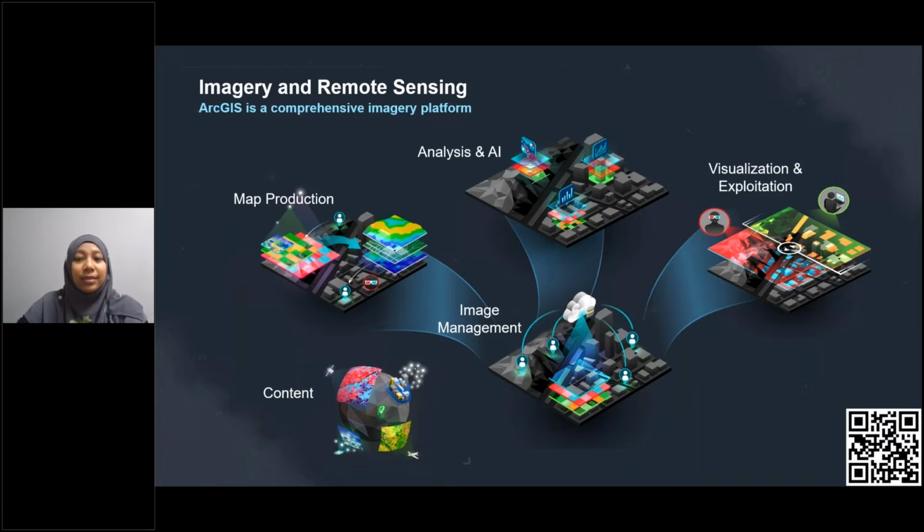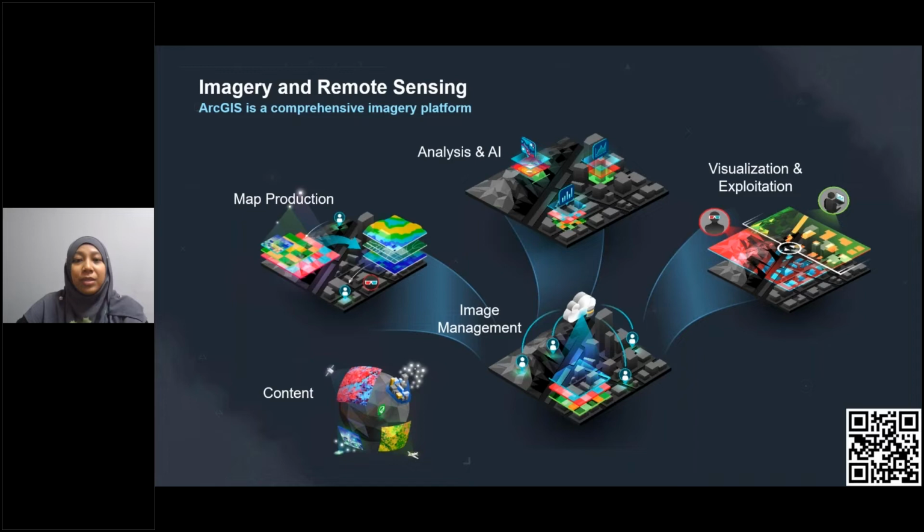The content can be managed and made accessible through the image components, and then the web production capability focuses on the tools to generate and derive products from the imagery, such as auto photos, DTM, and 3D mesh. The next is analysis and AI capability, which provides the tools to extract information from imagery. This includes a wide range of machine learning, deep learning tools, change detection, and many more.